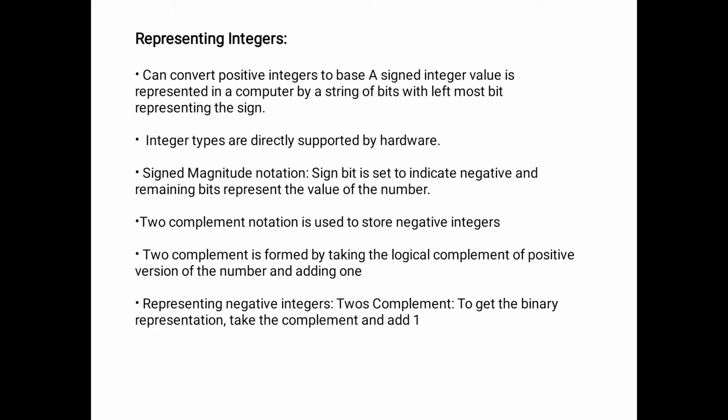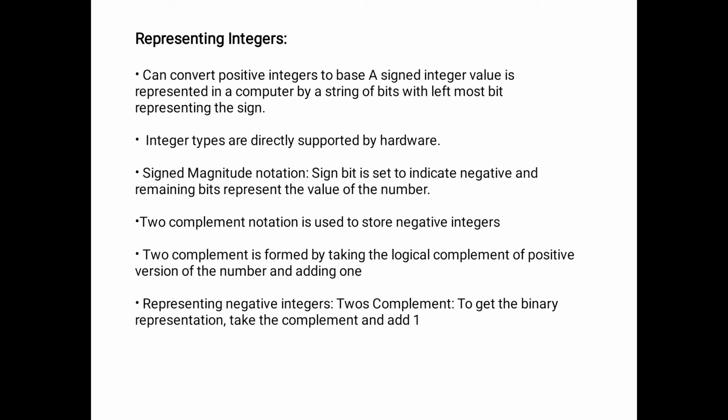Representing integers. A signed integer value is represented in a computer by a string of bits with the leftmost bit representing the sign. Integer types are directly supported by hardware.